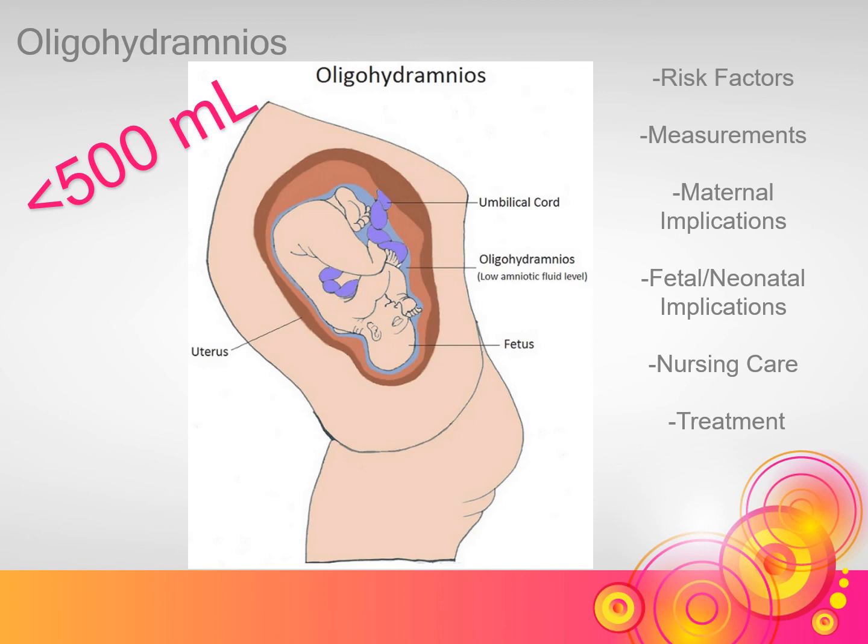Your fetal risks or implications, we're talking about with too little fluid, we might see fetal skin and skeletal abnormalities, cord compression, or fetal head compression. Okay, also pulmonary hypoplasia.